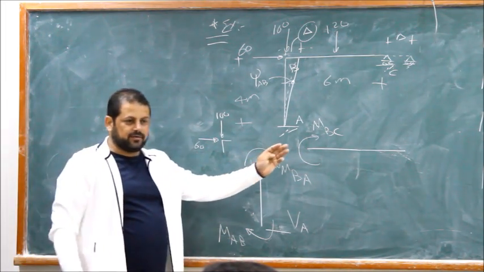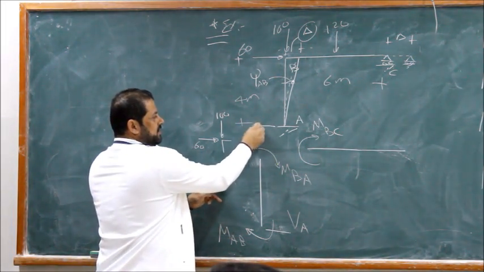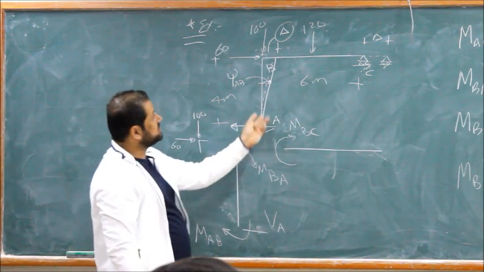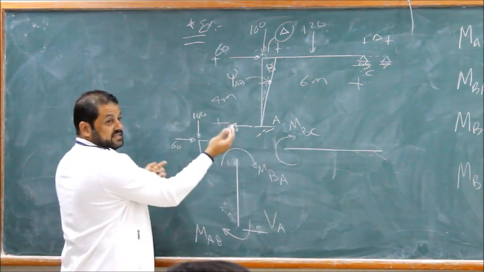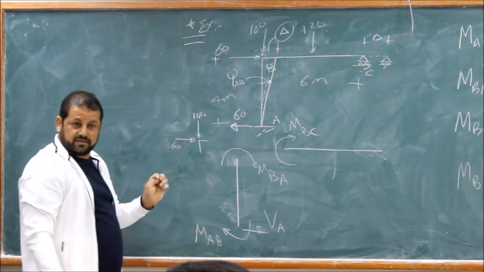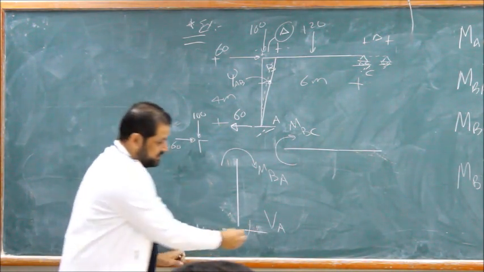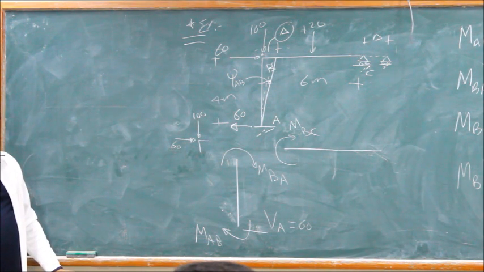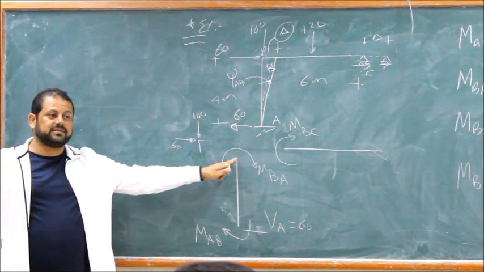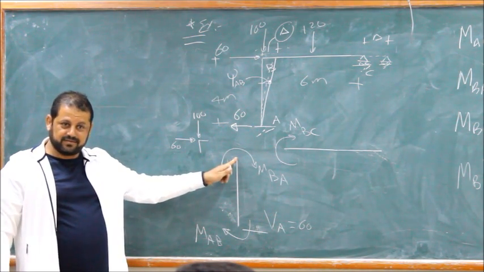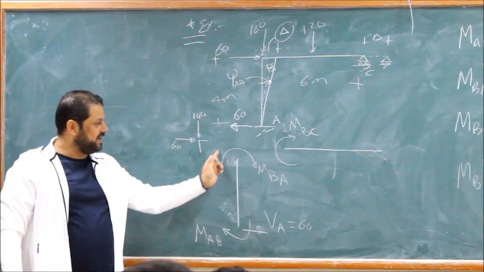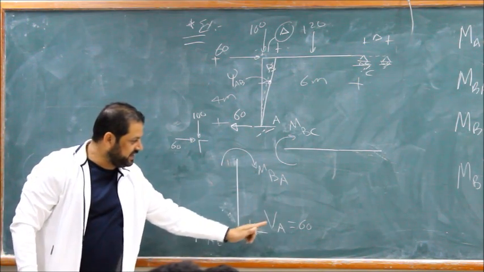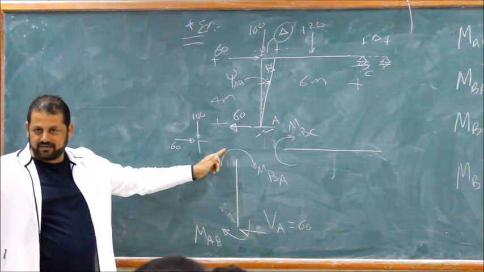Okay, look. MAB plus MBA, if this is up, right? Plus VA times 4, which is 60, equals 0.